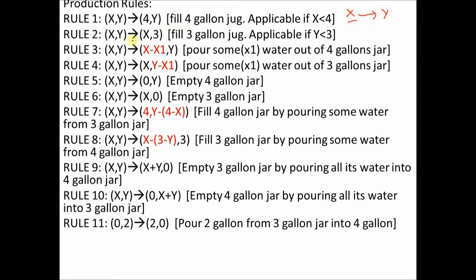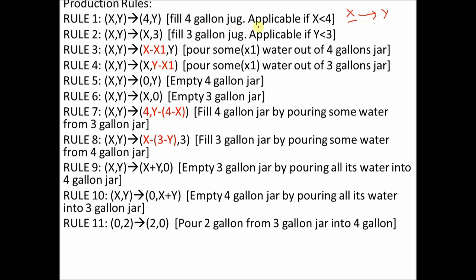Now the first rule, let us see. On the left hand side, we know that each state corresponds to our ordered pair x comma y, where x is a representative of the 4 gallon jar, and y is a representative of the 3 gallon jar. This first rule is applicable when you want to fill the 4 gallon jar fully, to its fullest capacity.